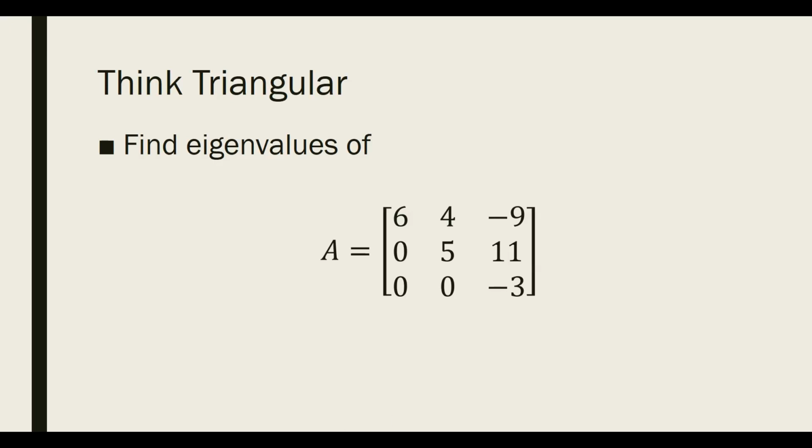So we have this matrix 6, 4, -9, 0, 5, 11, 0, 0, -3. It's obviously a triangular matrix. Think about what the eigenvalues would have to be.